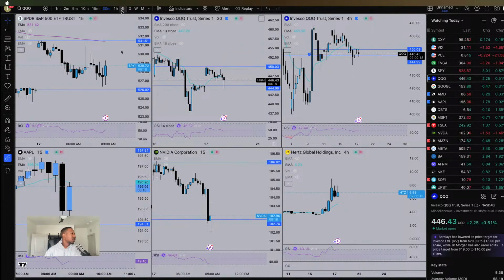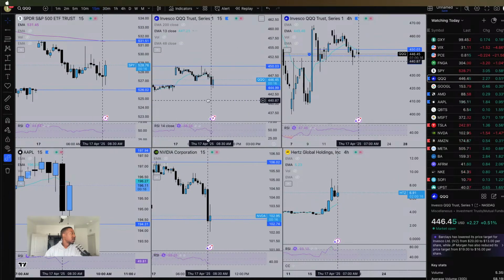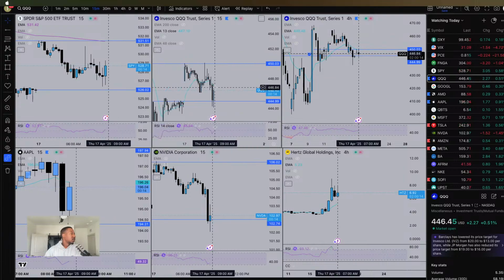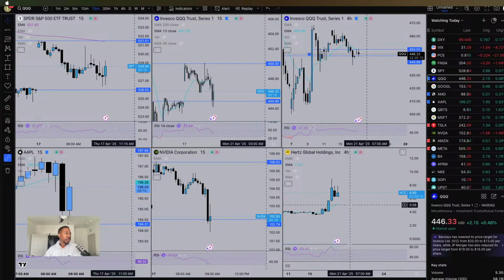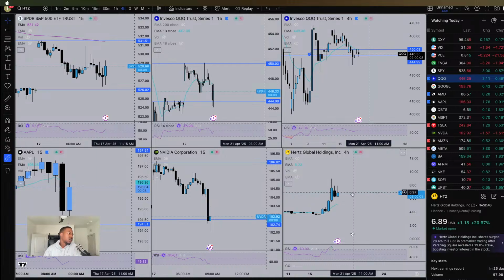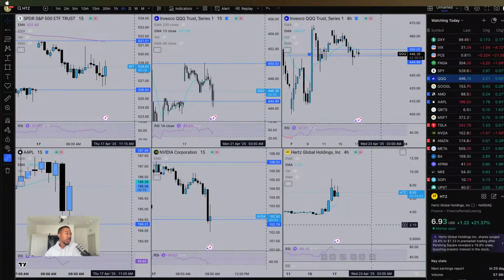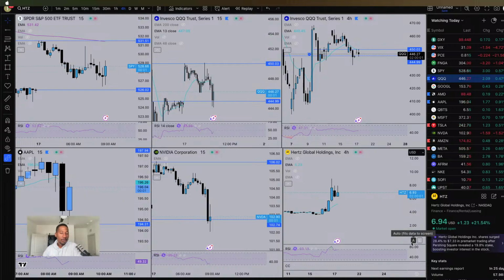Okay, so yeah, we filled in our gap to the downside on the Qs. Y'all, I just ate, but I feel really hungry. All right, just a little update on Hertz. That's been selling off a little bit for now.